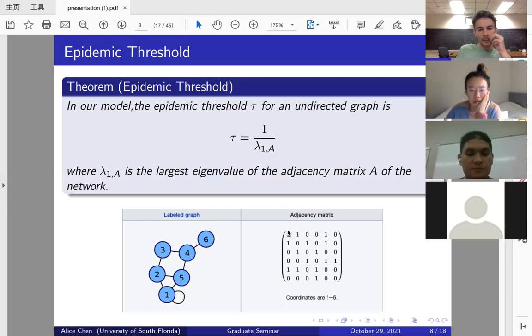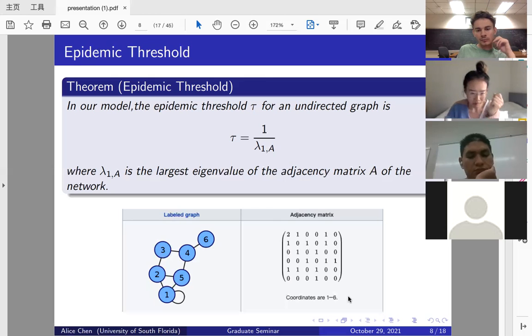So if we do not consider the self loop, this entry is going to be 0 as for the other nodes. So the diagonal of the matrix is always 0. If you have a connection with the corresponding nodes, you have 1 entries at the corresponding positions in the matrix. The matrix has a zero diagonal and is symmetric.